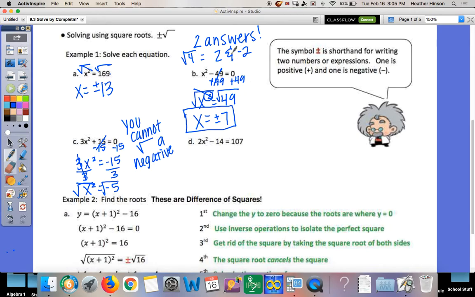So for instance, 2 times 2 is 4. Negative 2 times negative 2 is 4. You can't multiply a number by itself and get a negative. You can do 2 times negative 2, but those are not the same number. That's not a square root. It has to be by itself. That's why you can't square root a negative. So all we put on these are no solution.